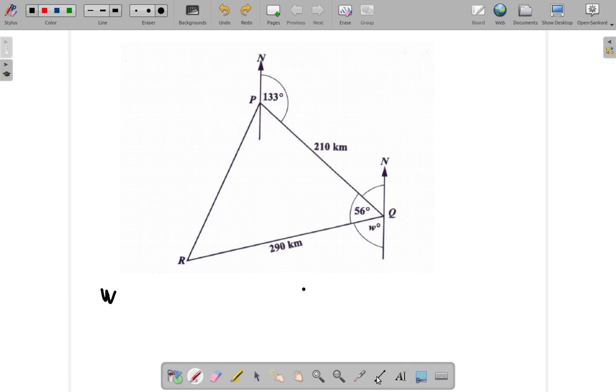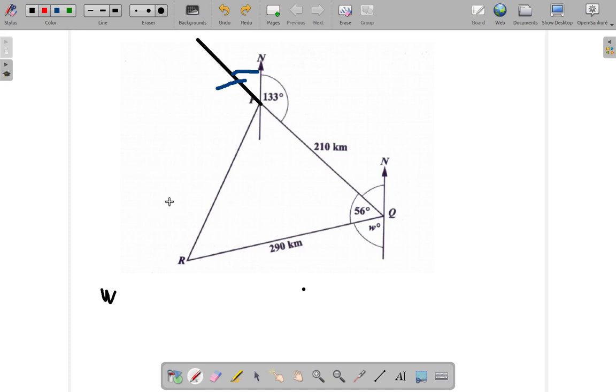Now, what did you get for W? Let's project this line further. What would be this angle? What did you get as this angle? This is 133.